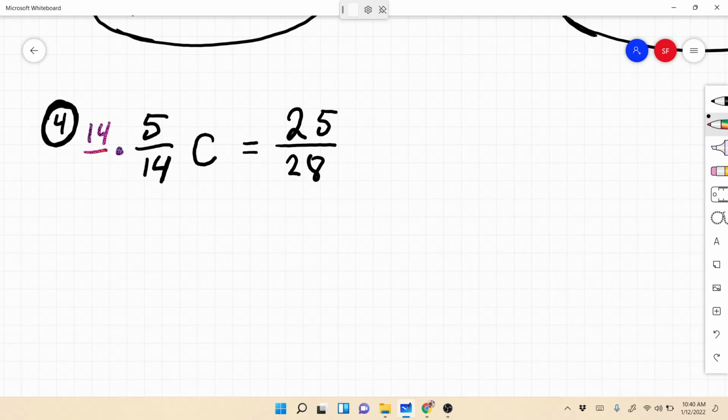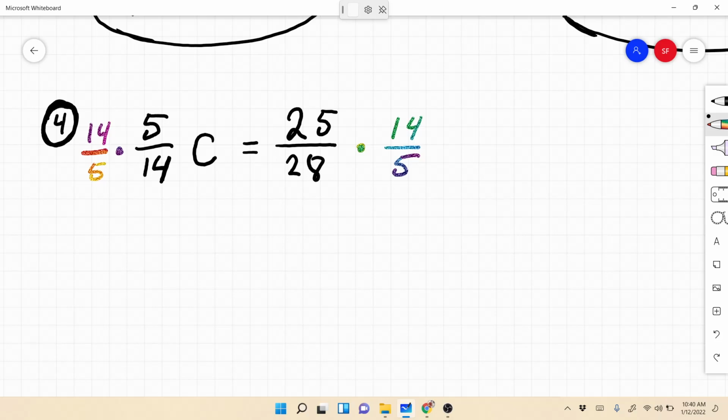This is just like number 3, so you'll do the steps the same way. I'd recommend reducing first, but if you don't want to do that, you can also always reduce at the end. Reducing at the end means reducing the answer.